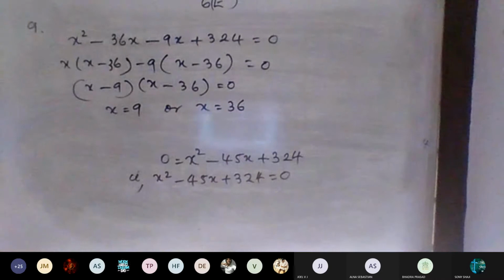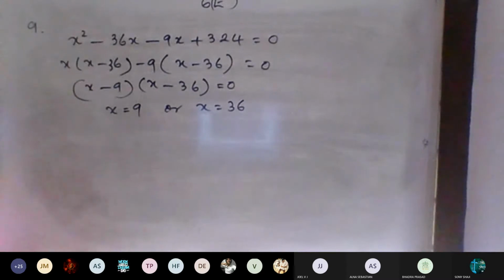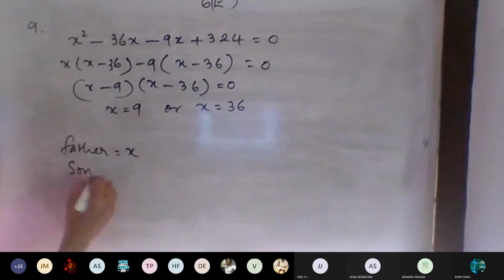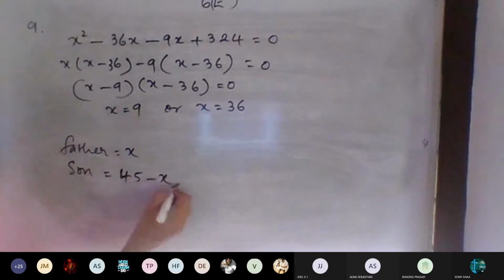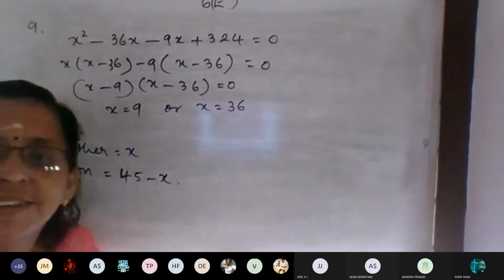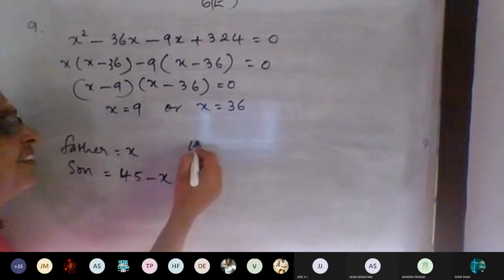So what can we write? The age of father is x, and the age of son we assumed as 45 minus x. So which one will be possible? 36 or 9?